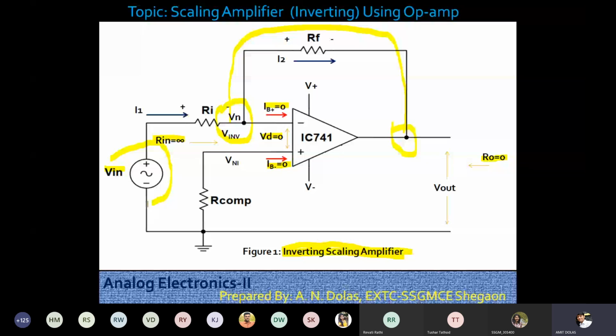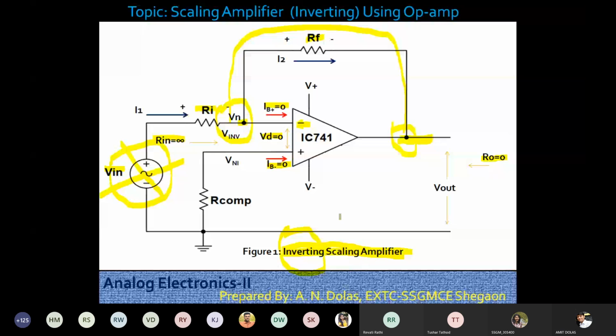This input is connected to the inverting terminal through one input resistance Ri, or you may say R1, and one feedback resistance RF is connected in between output and the input terminal, that is inverting. As the input is given to the inverting terminal, it is referred as inverting operational amplifier.